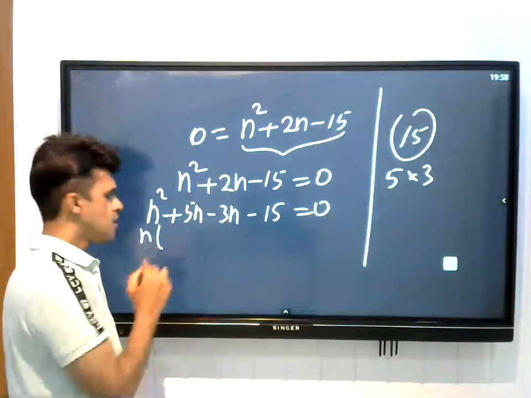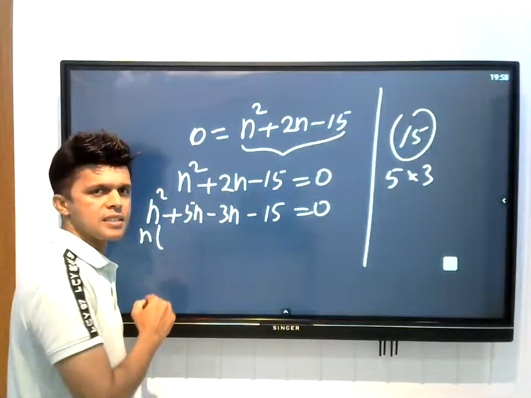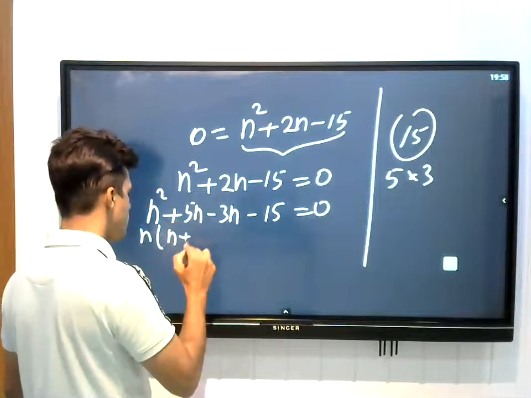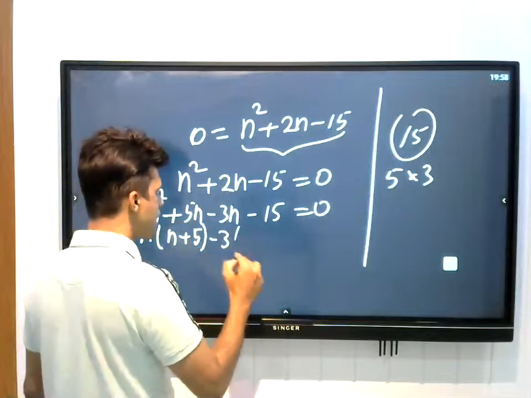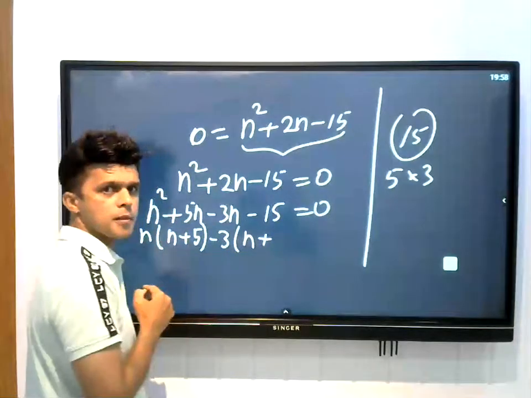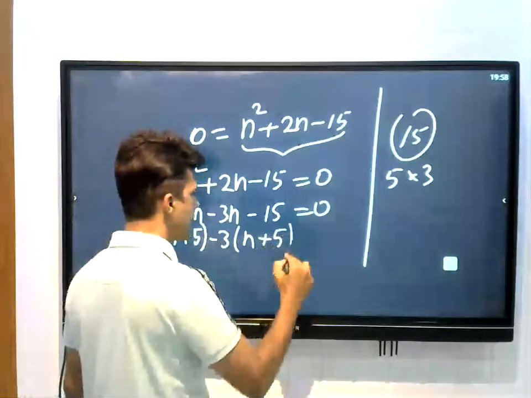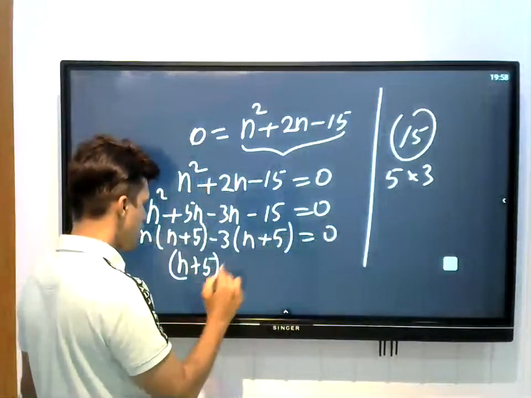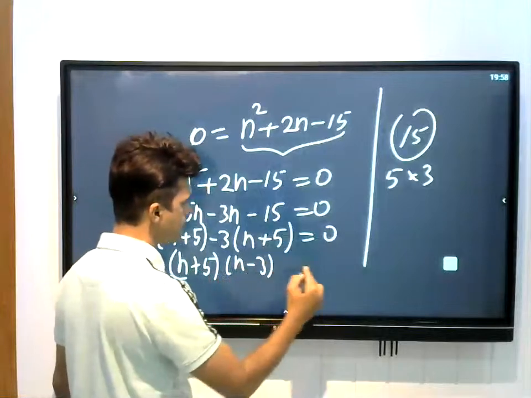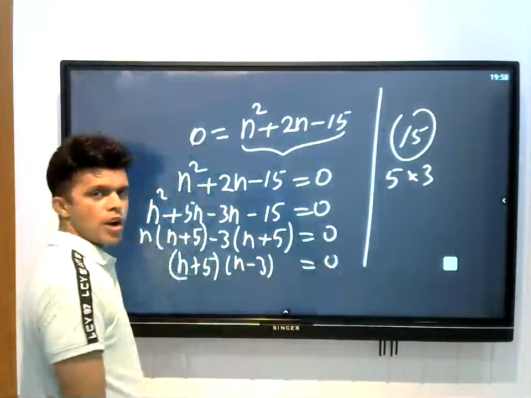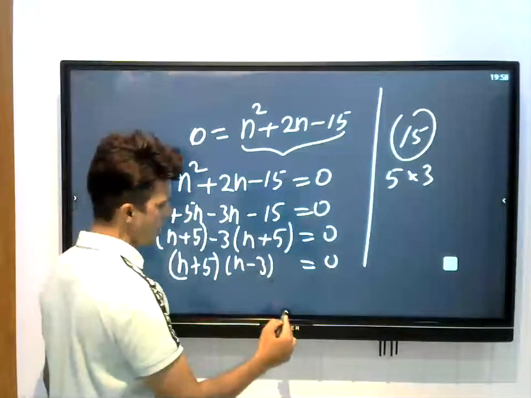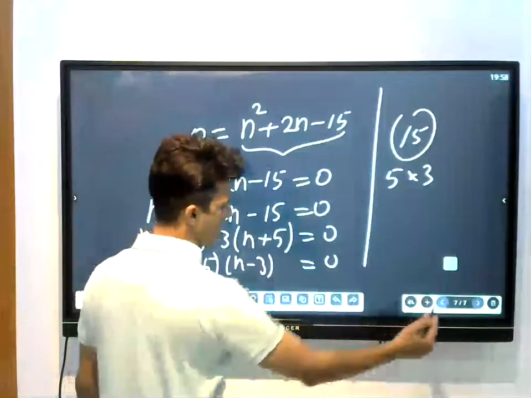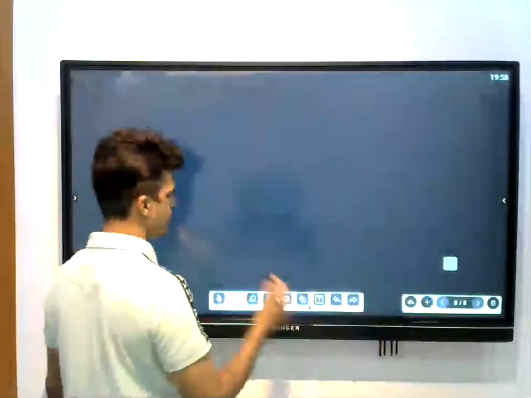So get the term n as the common factor here. n into n plus 5 minus 3 into n plus 5 equals 0. So get n plus 5 as the common factor. n plus 5 into n minus 3 equals 0.